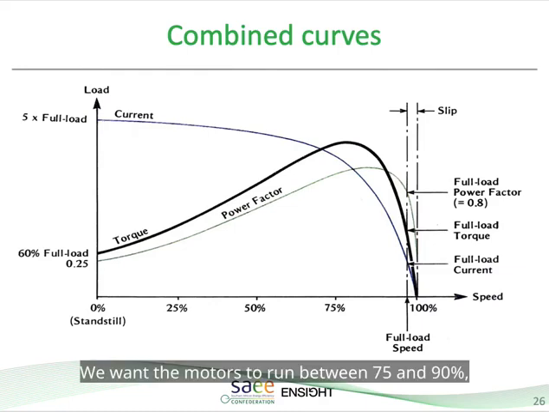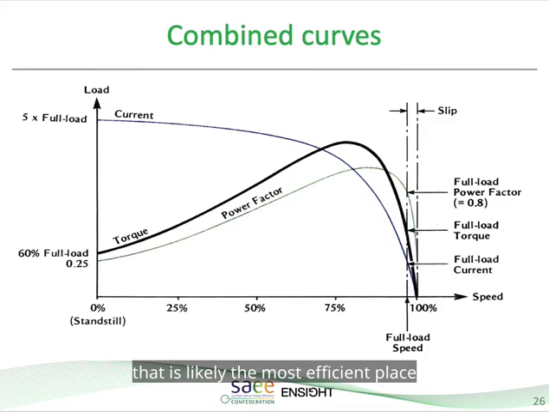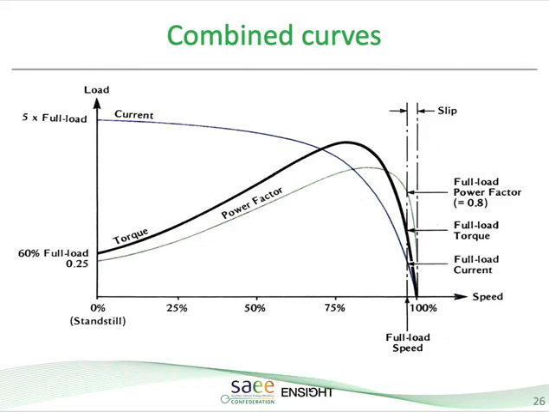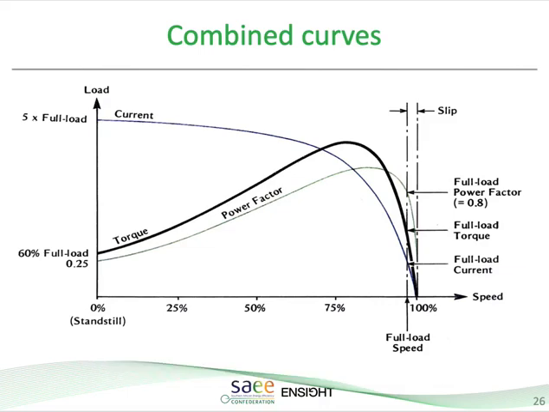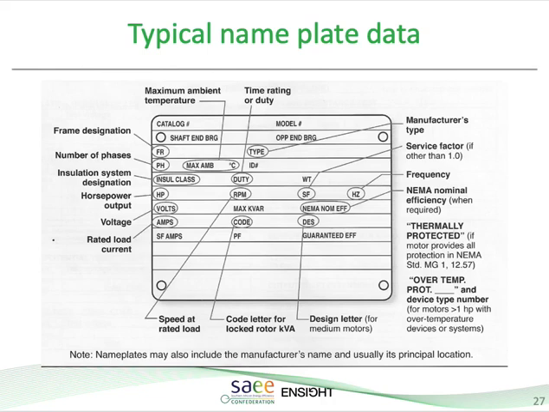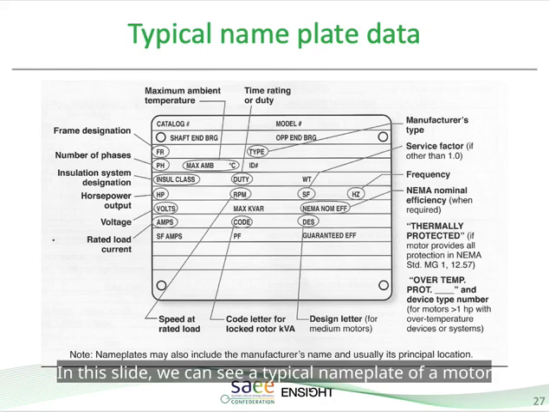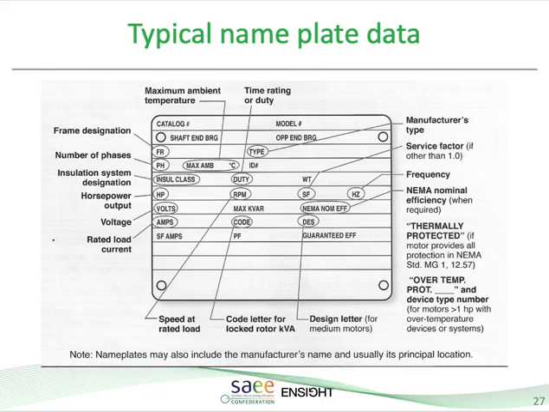We want the motors to run between 75 and 90%. That is likely the most efficient place, where the most electrical energy is converted into mechanical rotating energy. In this slide, we can see a typical nameplate of a motor and what it all entails.